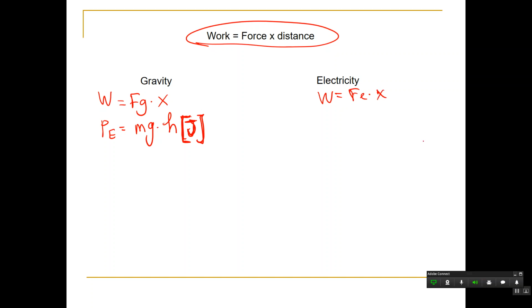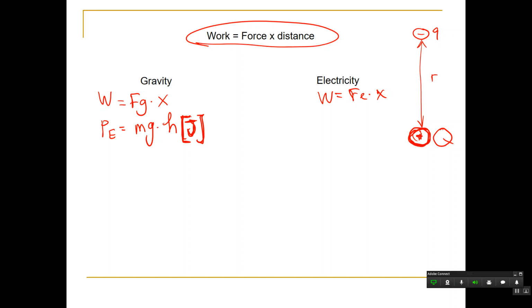Okay, so if I have a positive charge, big Q here, and some negative charge, little q here, what is the force between these two? And they're separated by a distance r. How did we calculate the force?